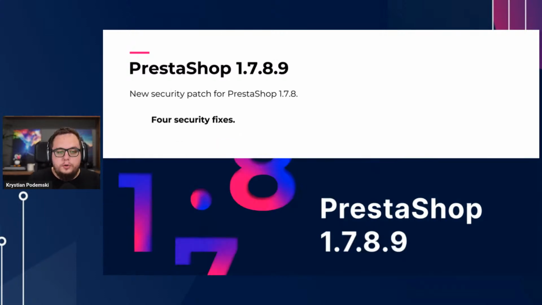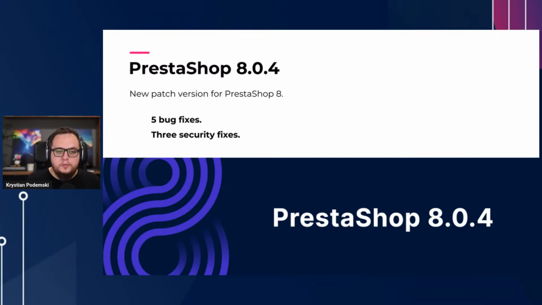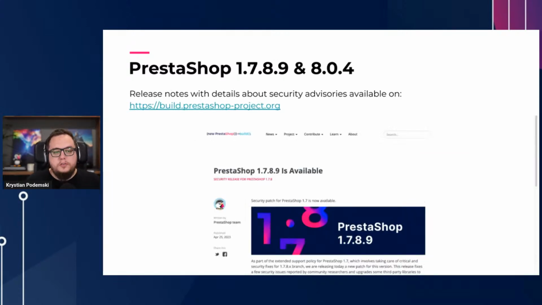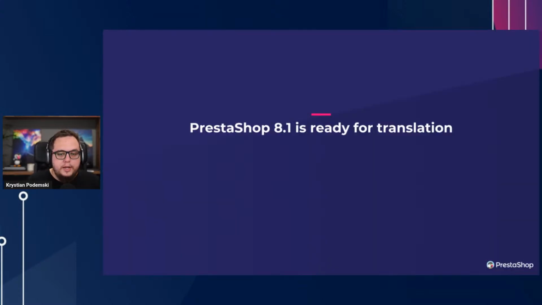The one fix for 1.7.8 is basically cherry-picked from V8, from the previous release of V8. This is why we have 4 security fixes for 1.7 and 3 security fixes for V8. Both releases are obviously released on GitHub, and you can search for full release notes on our build blog on build.prestashopproject.org.